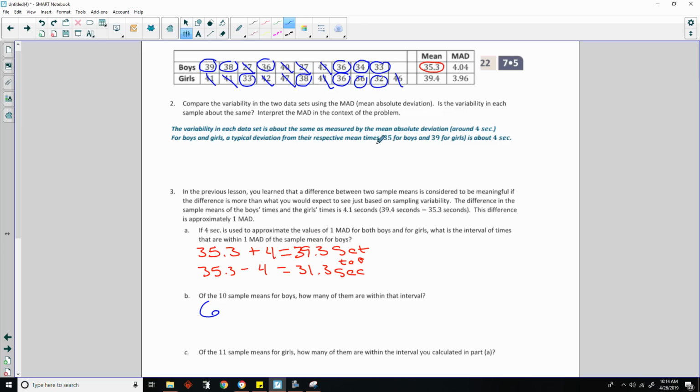So 31.3 to 39.3 is 1, 2, 3, 4, 5. So of the 11, there are 5.